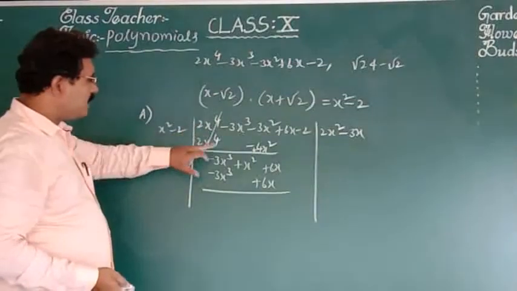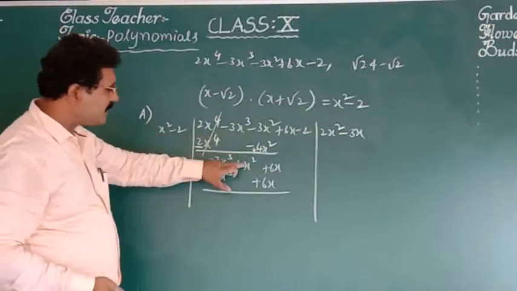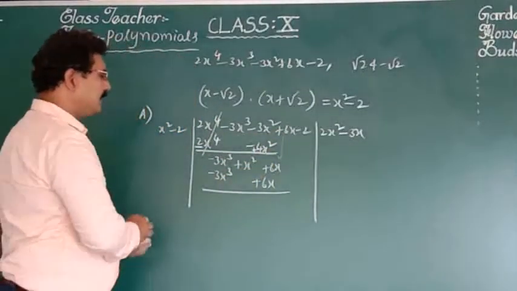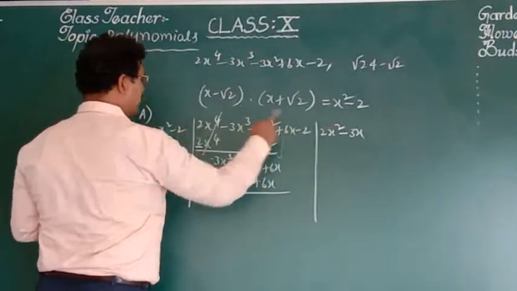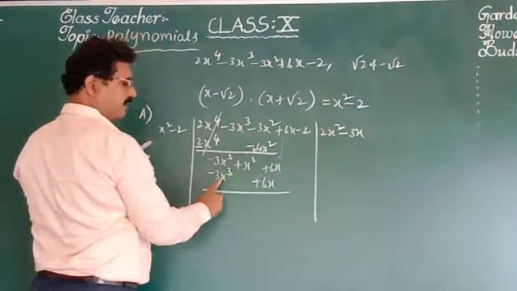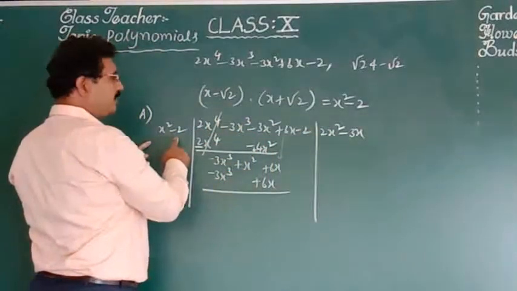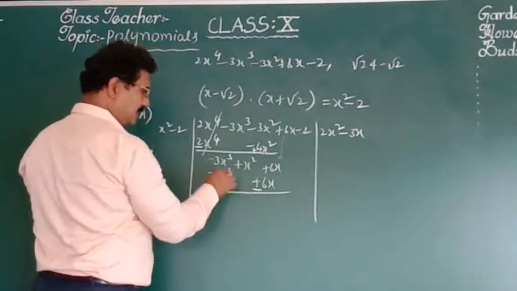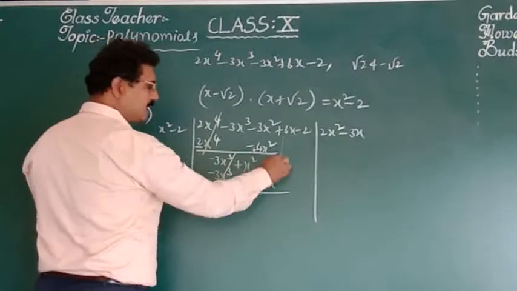Bring down minus 3x cube plus x square plus 6x. Then if you multiply minus 3x with x square minus 2, you get minus 3x cube plus 6x. Now minus 3x cube cancels and 6x cancels.